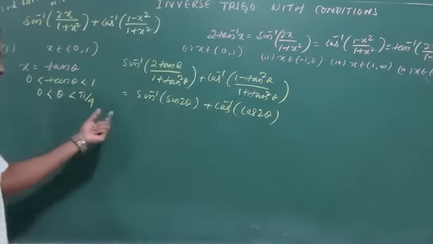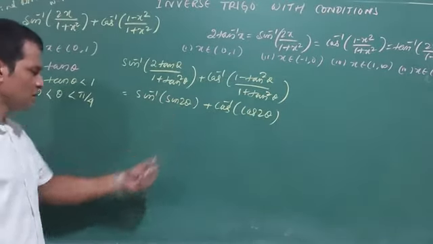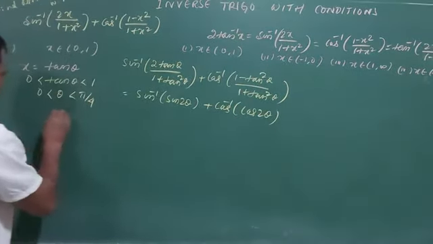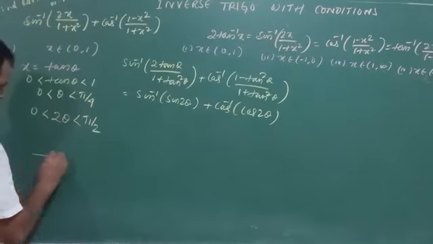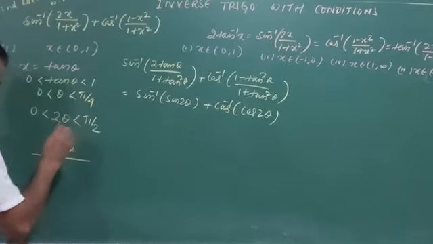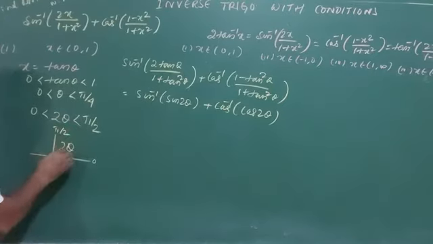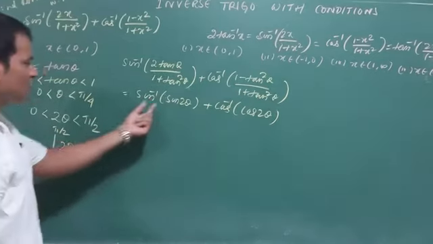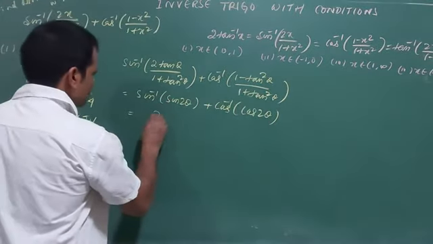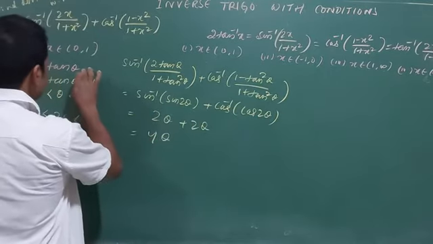The first one I am getting in the form of inverse sin 2 theta. Generally the value should be theta, but here it is 2 theta, so I will find out where 2 theta lies. That means 2 theta is between 0 to pi by 2, and this is the first quadrant. In the first quadrant, all inverse functions are positive, so I don't have to make any changes. It will give you 2 theta plus 2 theta, that is 4 theta. Replace theta from here, 4 tan inverse x.